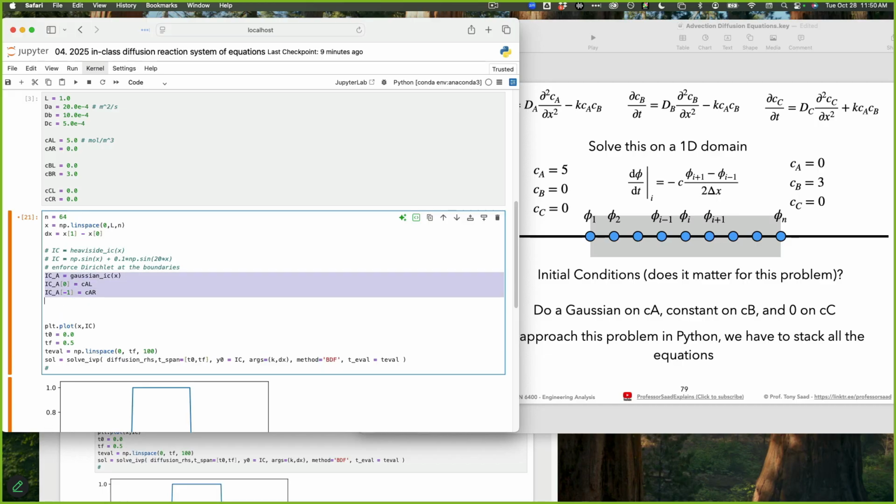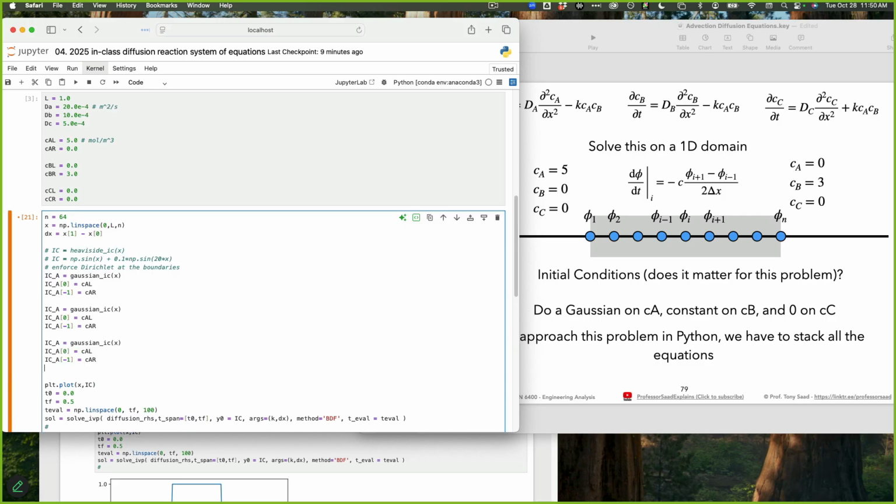Now, let's do B and C. I'm going to copy this twice. For B, I said I wanted a fixed value, just like 1. So np.ones of size n, there are n grid points.